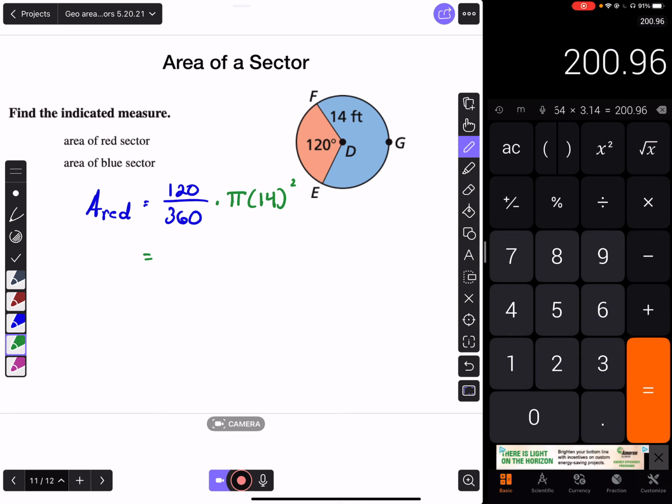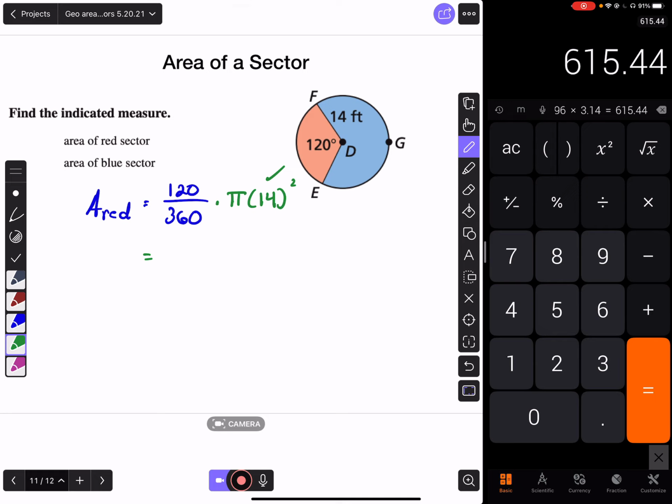Let's grab our calculator. Let's go 14 squared, 196. So taking care of that, take it times the 3.14. And I didn't get it in there. I was at 196 times 3.14 equals.